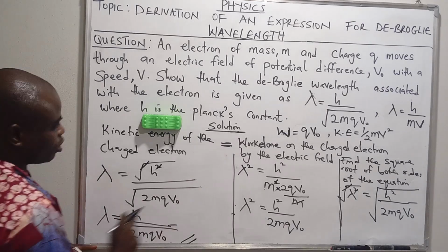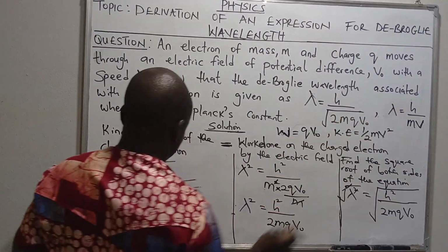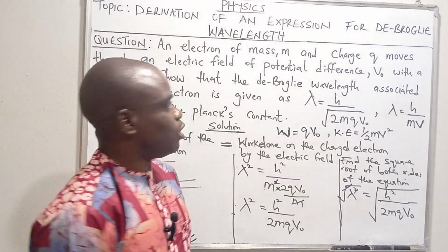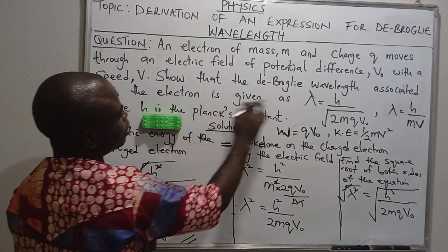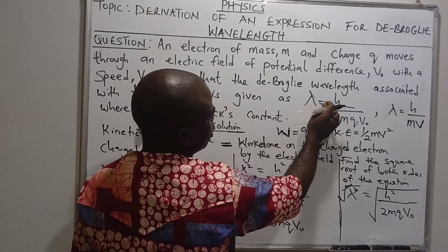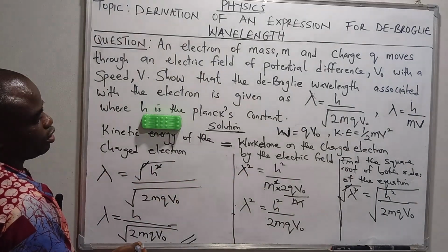See that this is the expression we're looking for. Okay, we had to show that the de-Broglie wavelength associated with the electron gives us wavelength equals h over square root of 2m qV naught, which we have achieved.